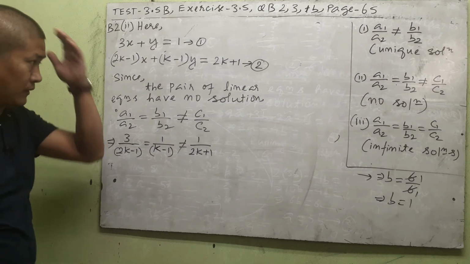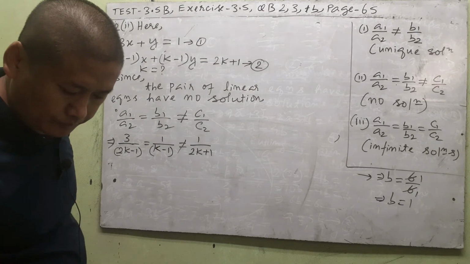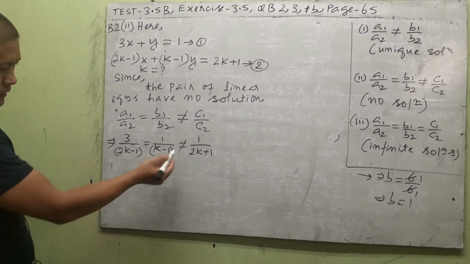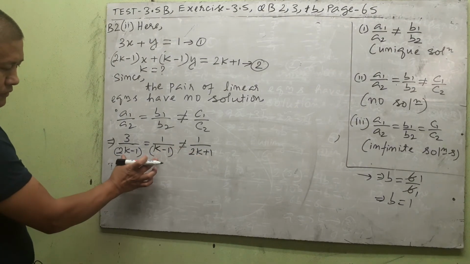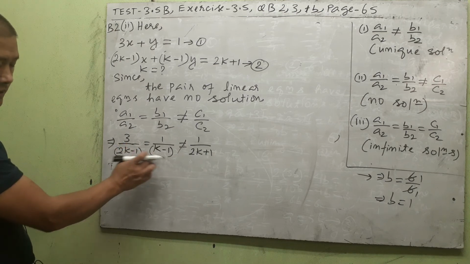So they're saying find the value of k. Look into your question. Not equal means you can discard this condition, because the first and second parts will help us to get k, because k is there.